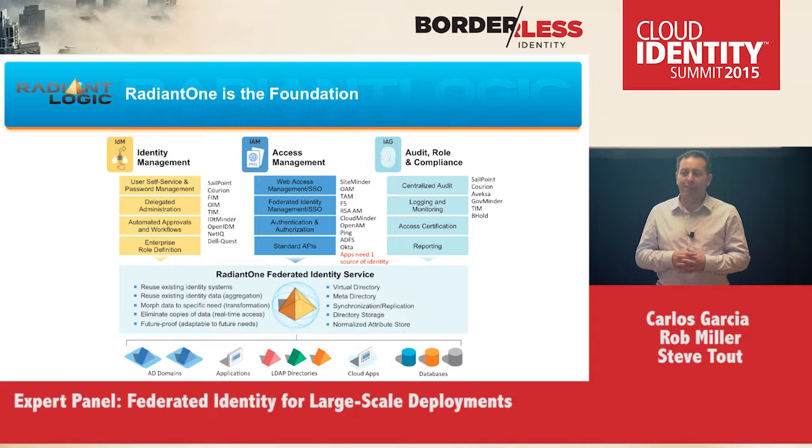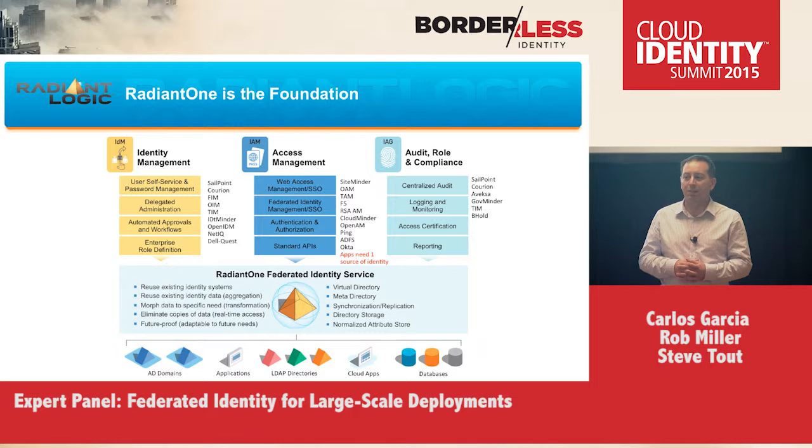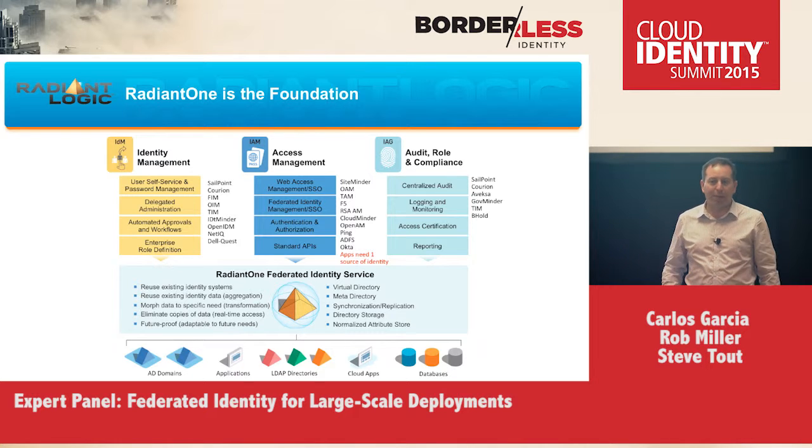So hopefully the flexibility of a tool like Radiant One or ICS or VDS gives you that moldable and workable solution where you, as the leaders and the architects within your organization, know where the bodies are buried, right? So you can hide that complexity and the sins of the past, and create the framework for your future identity requirements without having to rip and replace everything on the back end.